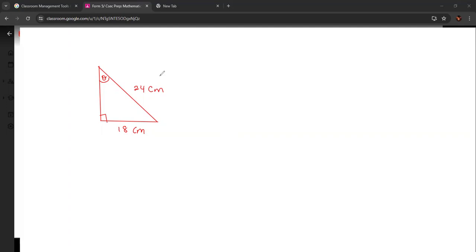All right, so let's take a look at this one now. They are asking us to find the unknown angle. Anytime you have an angle in a right angle triangle, you're going to write SOHCAHTOA. It lets you know what you're doing.